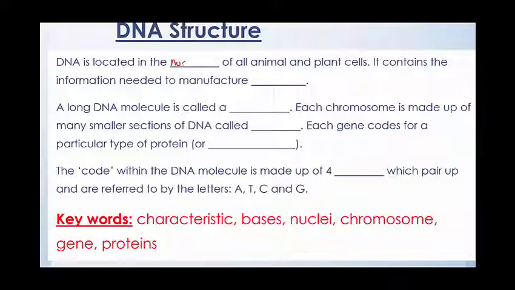Okay, so DNA is located in the nucleus of all animal and plant cells. It contains the information needed to manufacture proteins. A long DNA molecule is called a chromosome. Each chromosome is made up of smaller sections of DNA called genes.